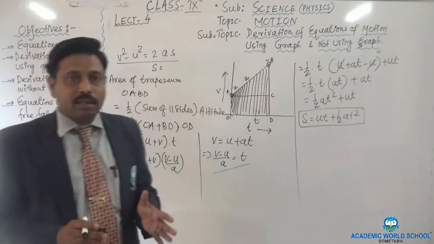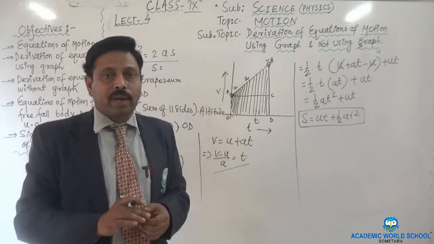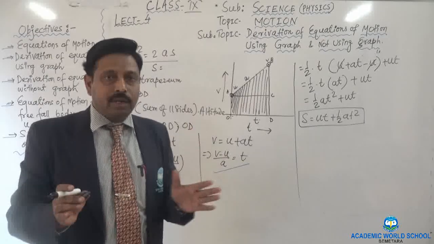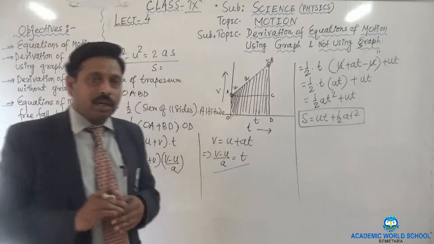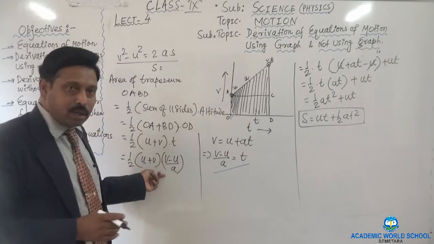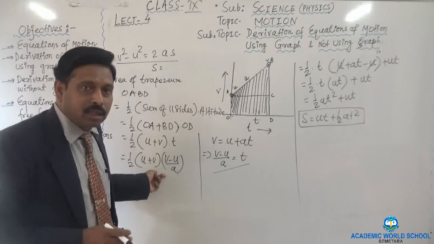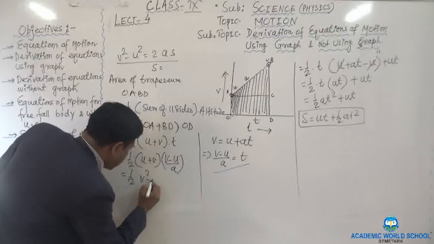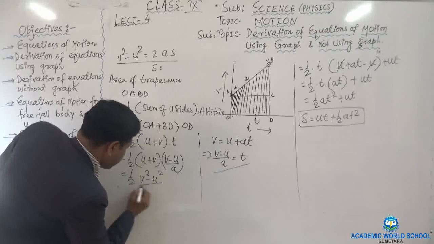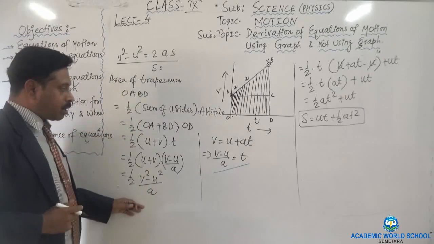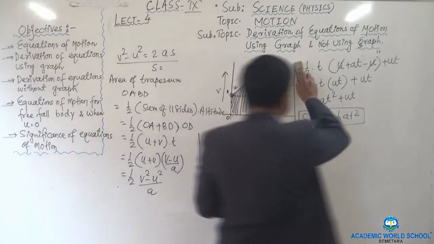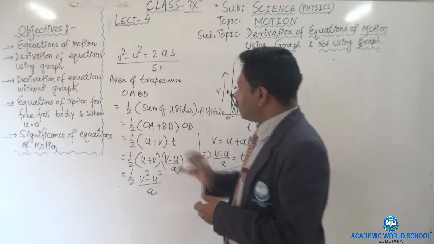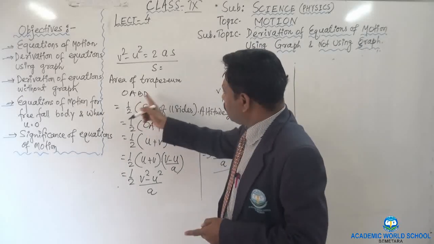Now you see, this is V plus U and V minus U. It is just like the algebraic identity, A square minus B square, which is equal to A plus B into A minus B. Similarly, if you put that identity here, it will be V square minus U square. Let me write down: half into V square minus U square upon A. On the left hand side I have S, the area of the trapezium.